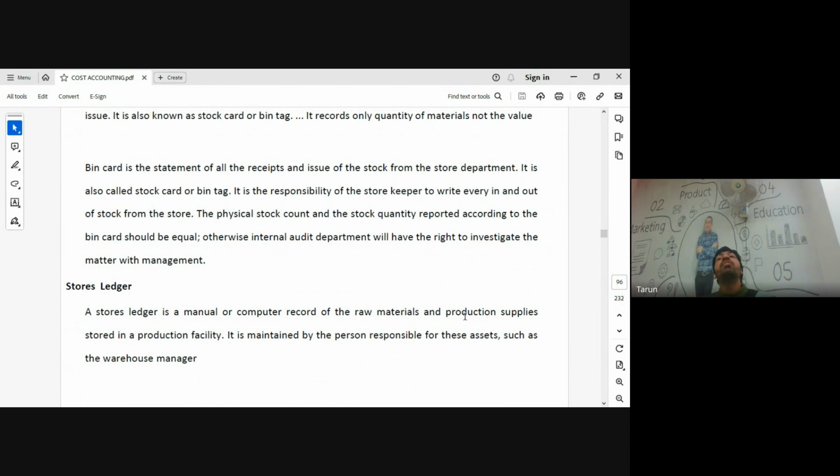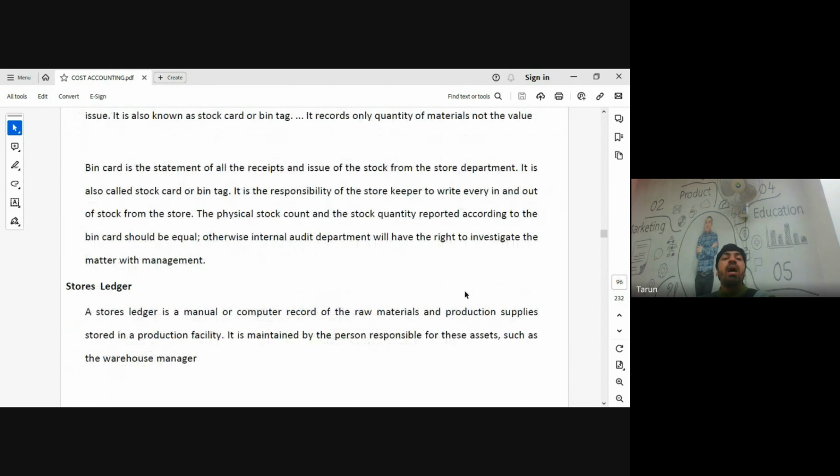For example, if you go to a restaurant, the restaurant manager is the more responsible person. If you go to the production department, the warehouse manager is the responsible person who answers for all your discrepancies or inaccurate data, if any.